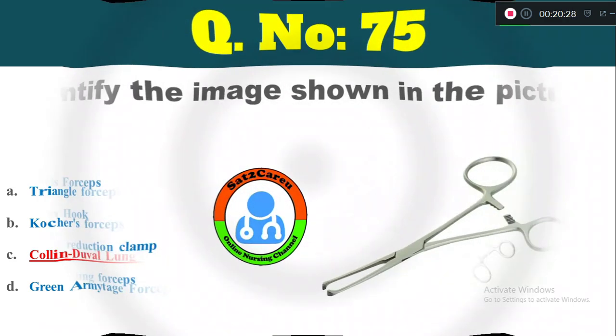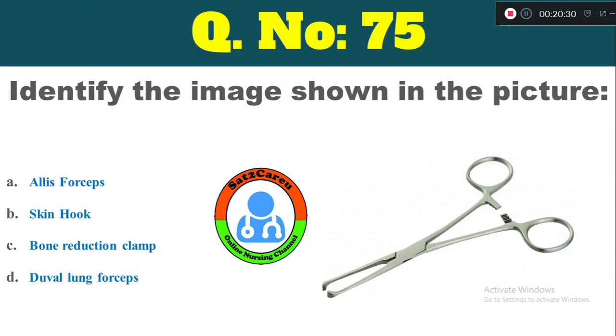Question number 75. This image which you are seeing in the picture is known as option A, Allis forceps, B, skin hook, option C, bone reduction clamp, option D, dual lung forceps. So this is Allis forceps. Option A, Allis forceps is right.